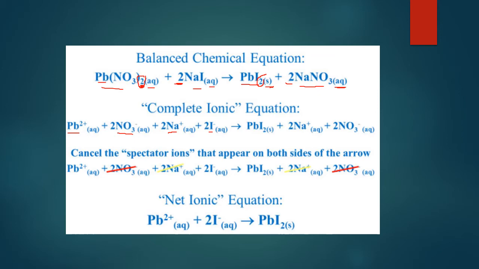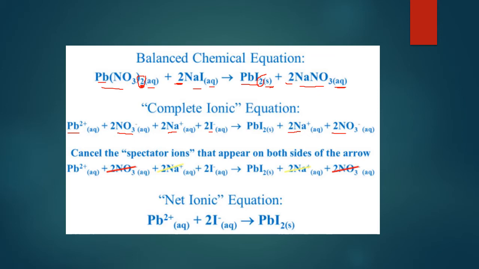So the only one we're going to separate and write the ions for is the one that has the aqueous symbol by it, which is sodium nitrate. Sodium we said was a +1, and the nitrate ion a -1. That coefficient of 2 tells us there's 2 sodiums and 2 nitrates. So this is the complete ionic equation.